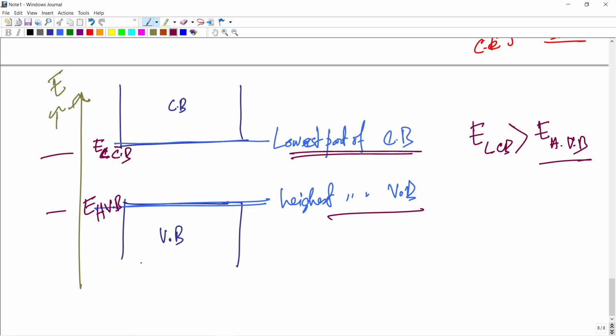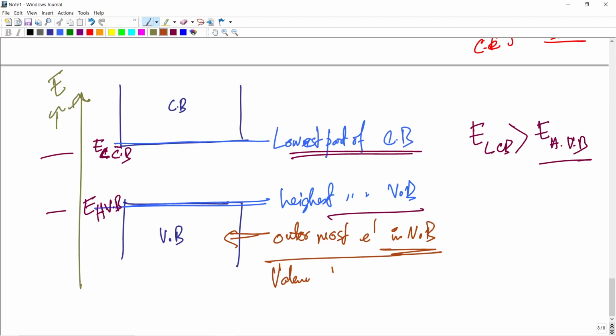Normally the valence band is filled by electrons. The outermost electrons are in the valence band, and the valence band is always filled. The conduction band is empty.